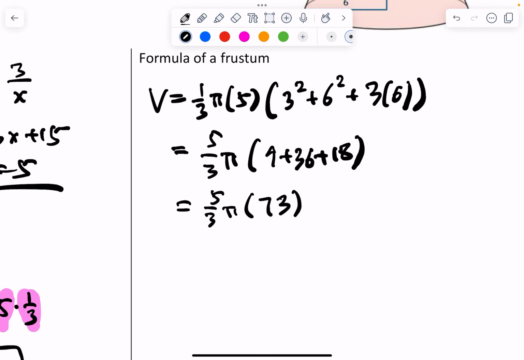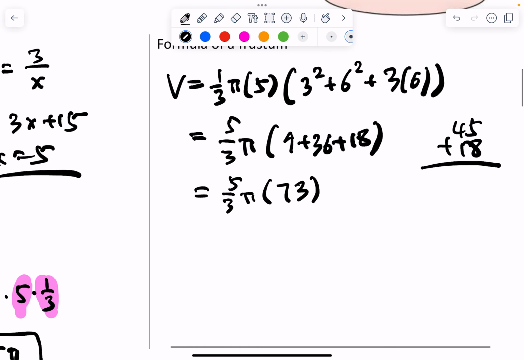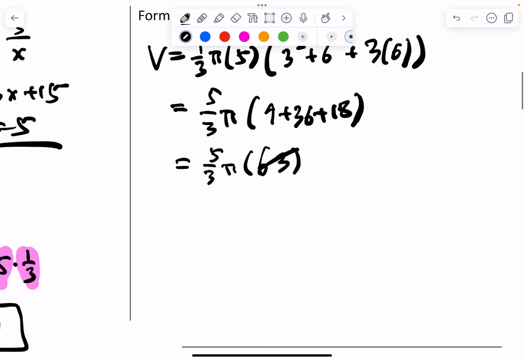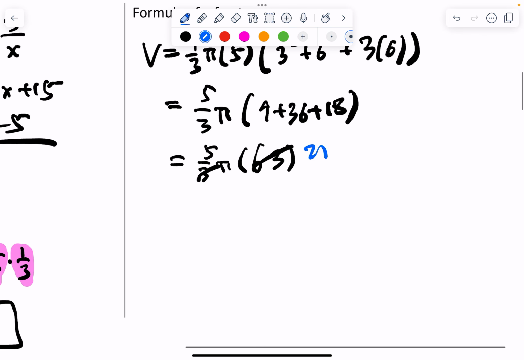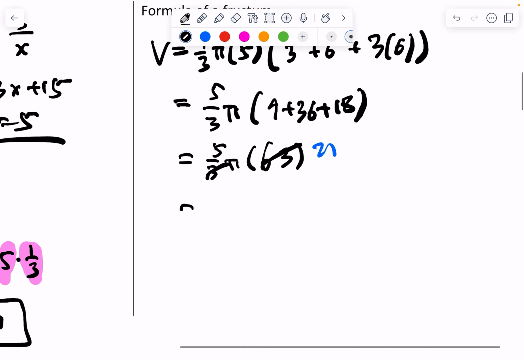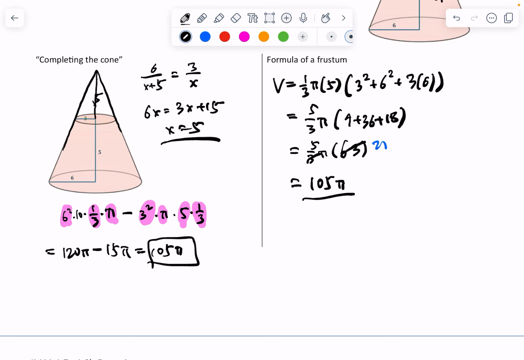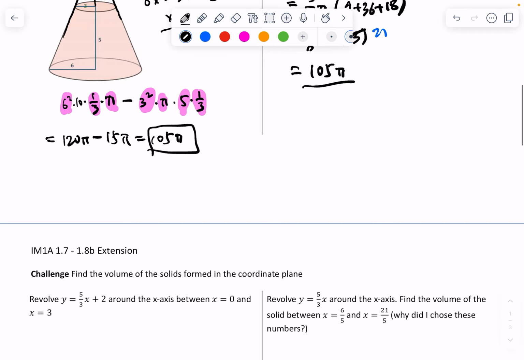Is it 73? 25 plus 18, 63. And then these two actually cancel, right? So when you're doing calculations like this, be cognizant of the things that cancel in order to make your process easier. And you get the same answer, 105 pi. These two answers match, so we can confirm that we did it correctly.